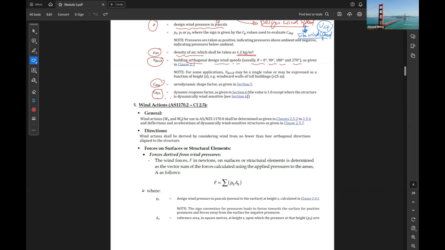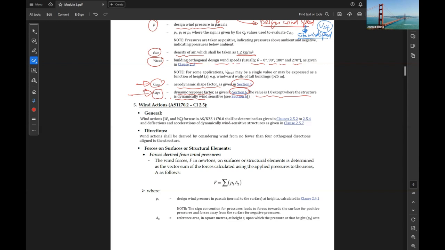So again, the factors we need to calculate are C shape and C dynamic. C shape is the aerodynamic shape factor in section 5, and C dynamic is the dynamic response factor in section 6. This value can be taken as 1, except for structures that are dynamically wind sensitive.